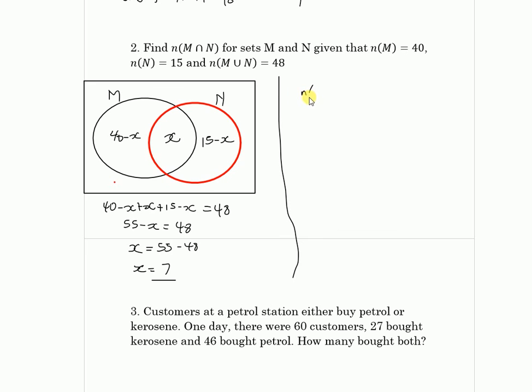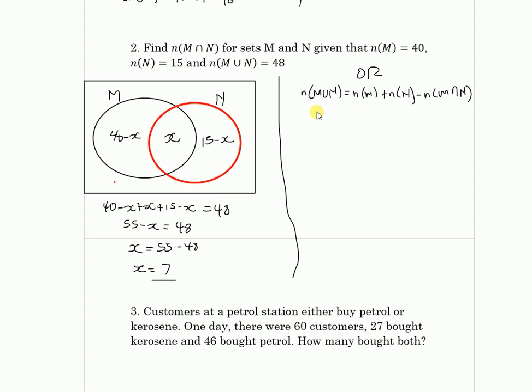The number of elements in M union N is equal to the number of elements in M plus the number of elements in N minus the number of elements in M intersection N. And the intersection is the one we don't know, which we can assume is X. This is not part of the Venn diagram. This is another method, so whatever you're writing here is not got from the Venn diagram. This is applying the formula directly from the information they have given us.